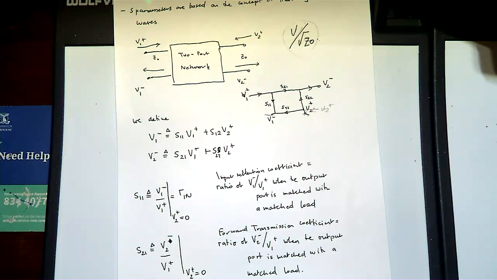So if you're measuring S11, all it was doing was exciting port 1, measuring the reflected voltage, and terminating port 2 with a 50 ohm load. So it was switching in a 50 ohm load as part of that process.